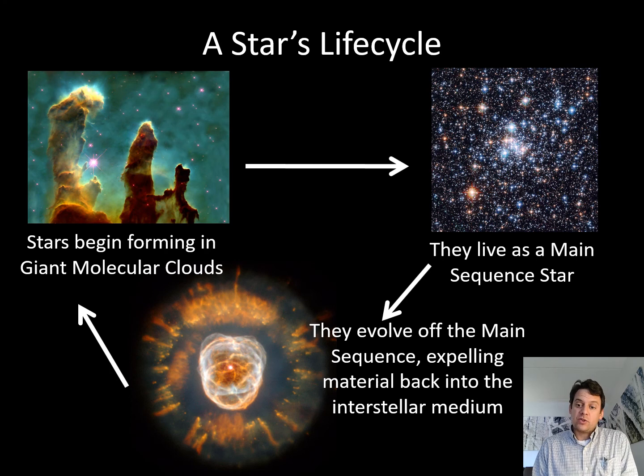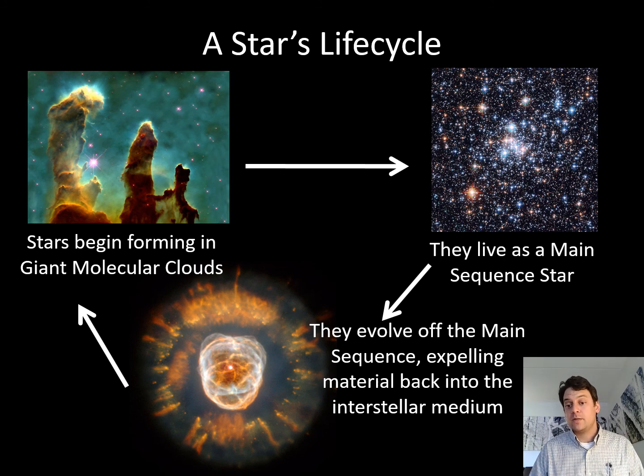And then what's exciting, and the reason that I can call this a life cycle, not just a lifetime, is that when that material is ejected into the interstellar medium, whether in the form of a planetary nebula or a Type 1a supernova, that material goes out and can play a role in seeding star formation in other giant molecular clouds.